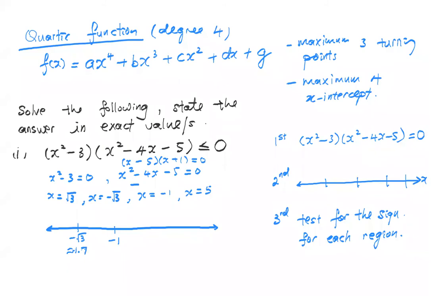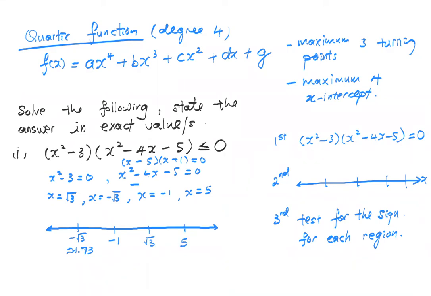So I just want to have a judgment, 1.73, so that afterward, when I take the value and test, I will know what to do. Then this one is root 3. Then the other one is 5.